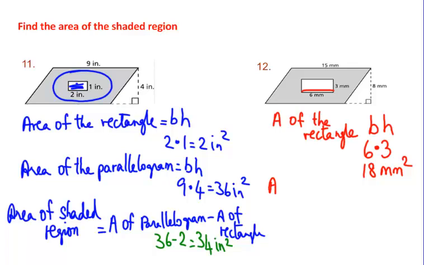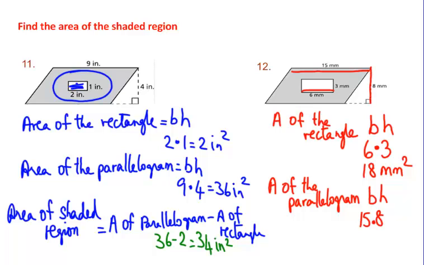The area of the parallelogram, in this case, is, again, base times height, and the base for the parallelogram is 15, and the height of the parallelogram is 8. So 15 times 8, 120 millimeter square. Do not forget the units.